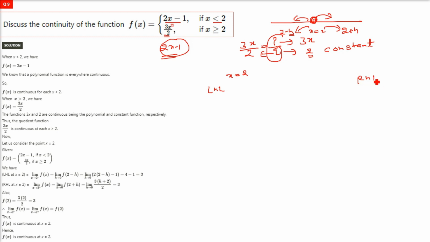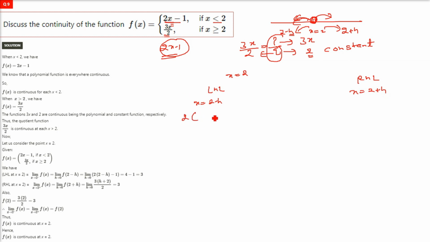On the left hand side we have to use one function, and on the right hand side we'll use another function. So x is 2 minus h, and x equals 2 plus h.